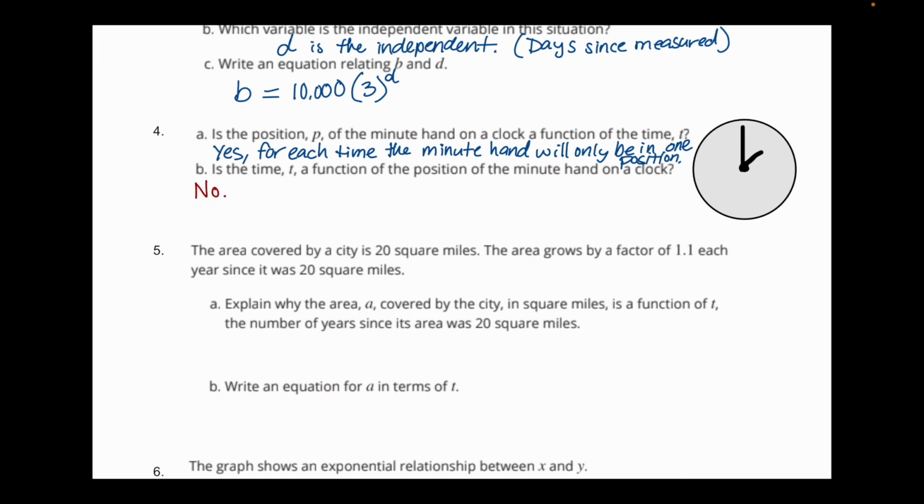No, because the minute hand can be in the same position at multiple different times.